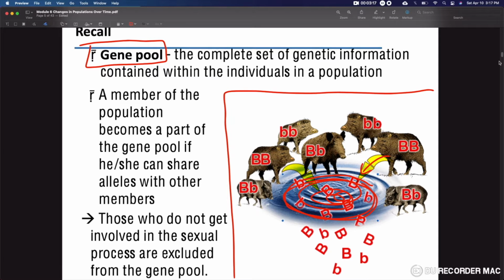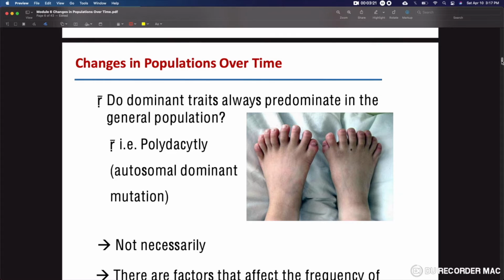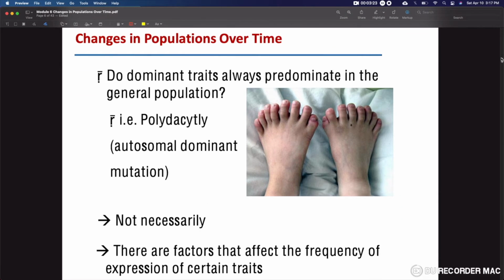Okay? So why are we talking about population? Because sometimes that gene pool is dynamic. It's ever-changing. Up until now, it's ever-changing. Sometimes it's changing, but sometimes it's also preserved. But take a look at this question right here. Do dominant traits always predominate in the general population?